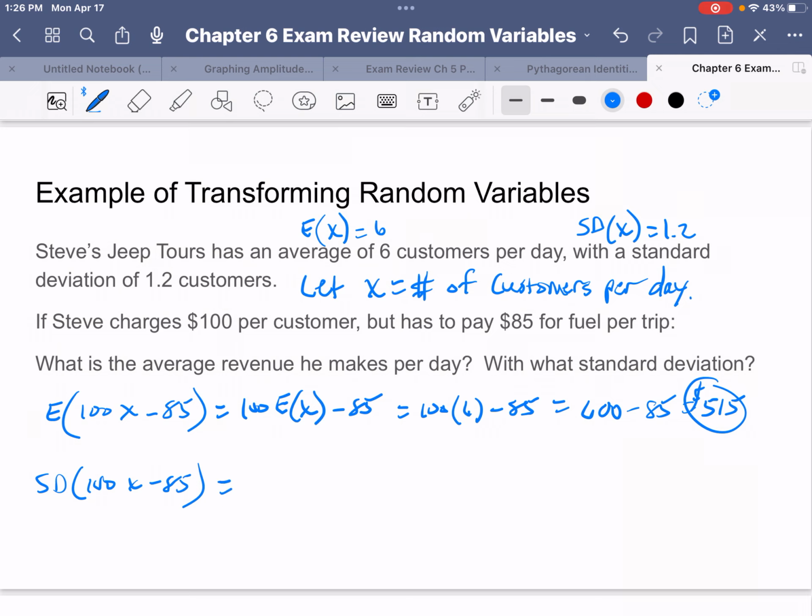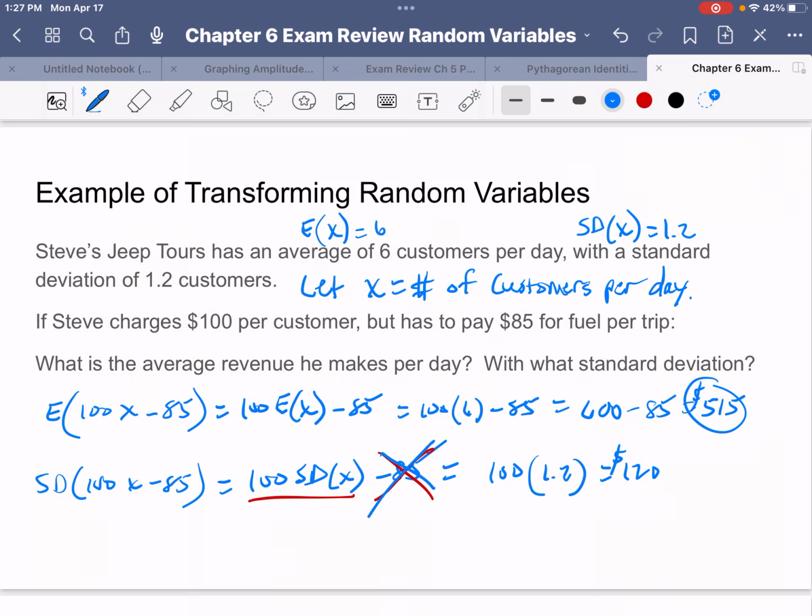The standard deviation is equal to 100 times the standard deviation of x minus 85? No, that's wrong. Not the minus 85. Just 100 times the standard deviation of x, sorry. And so that would be equal to 100 times 1.2, and so then that would be $120 standard deviation, where they were expecting you to subtract 85 and get the answer wrong. So let's remember that, not minus 85.